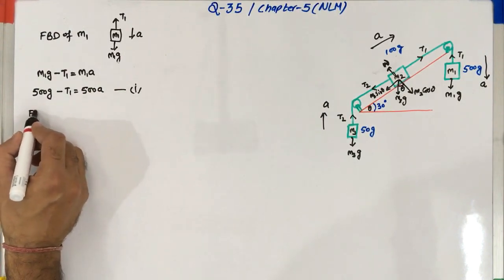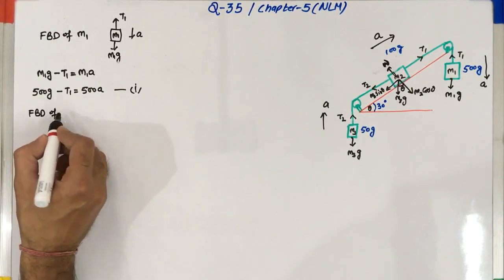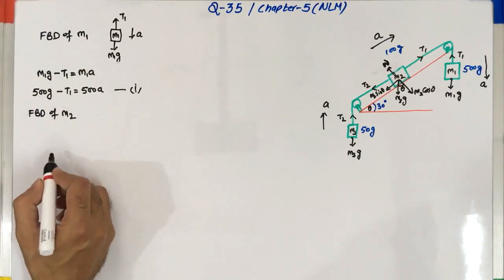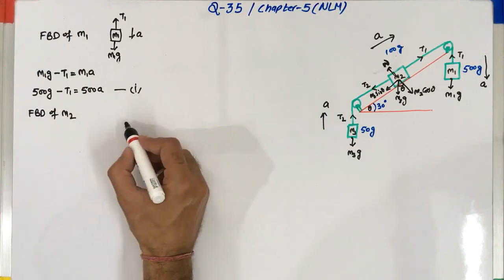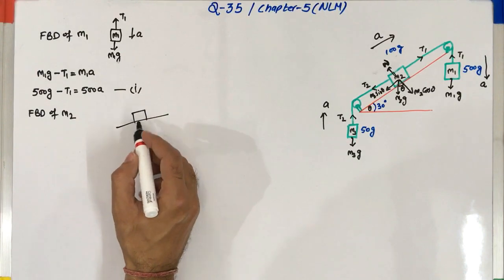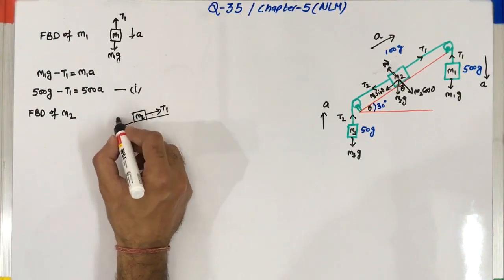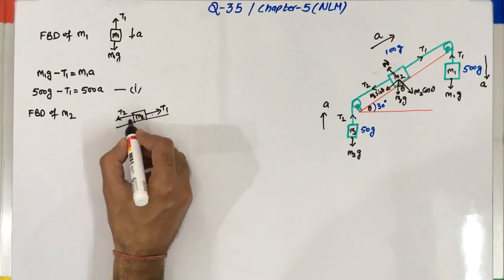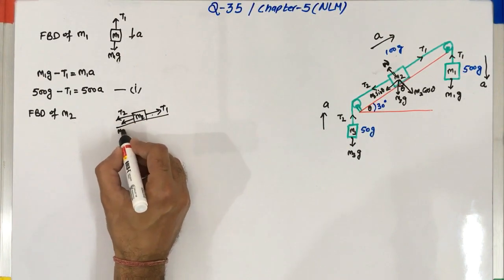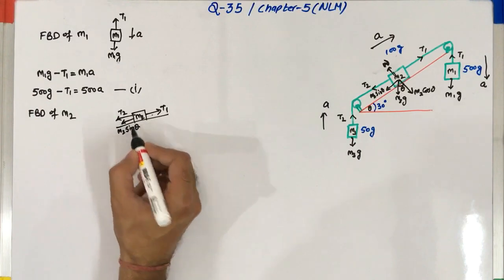Now the FBD of the M2 block. If I draw M2 separately, the upward force is T1, and there are two downward forces, T2 and M2G sine theta.